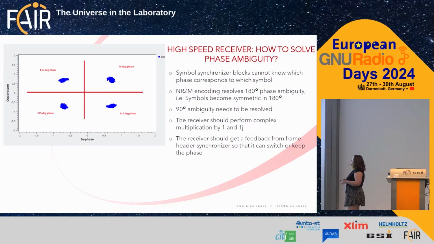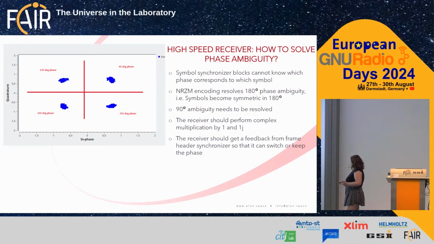That's okay, but we still have 90 degrees of phase ambiguity. So they would be looking like this or just a 90-degree shifted version of it. In order to check for it, the receiver should be multiplying by 1, at the 0-degree phase, and with 1J at 90-degree phase, and check which one is correct.